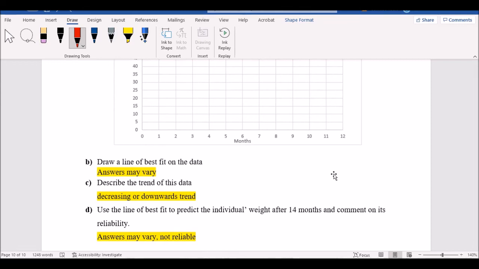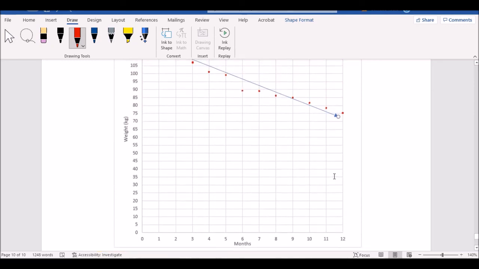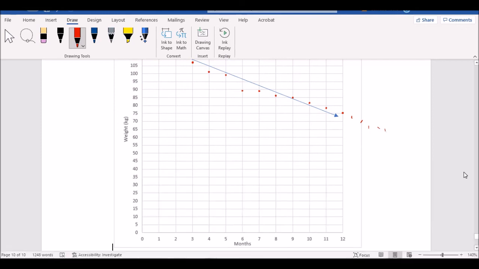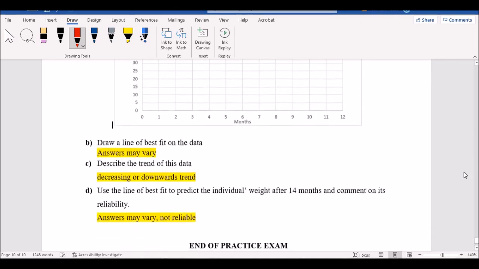Comment on this reliability. At 14 months, I would say, let's say like it was over here. It would be about, that's 12, 13, 14. You know, let's say it's about 65. So if you wrote somewhere between 60 and 70, I'll give you the answer for that. So it has to be between 60 and 70.